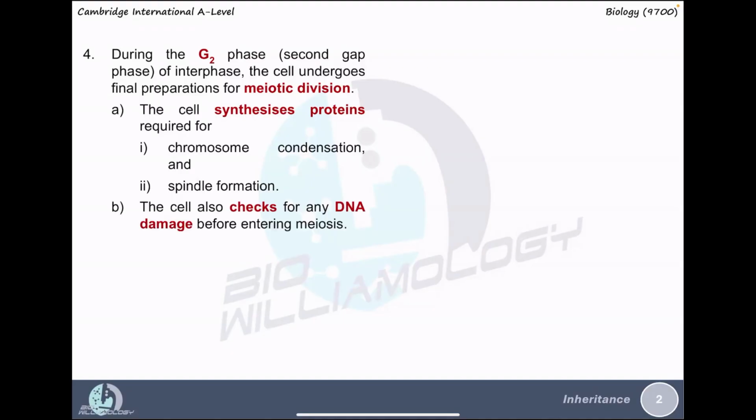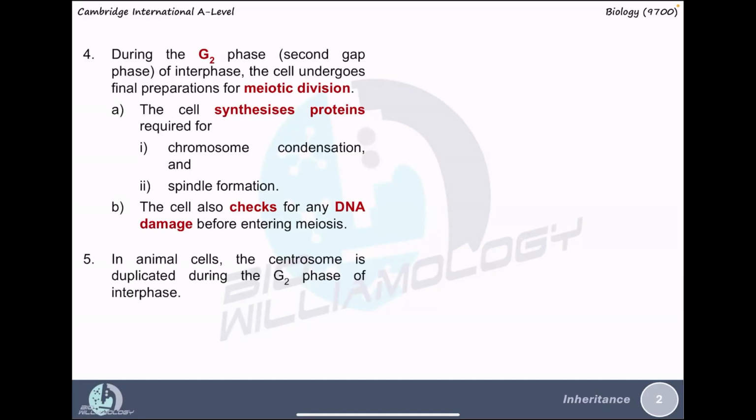The cell also checks for any DNA damage before entering meiosis so that damaged or mutated DNA wouldn't be passed on to the gametes. And this is very dangerous because once this damaged or mutated DNA is passed on to the gamete, it will affect the next generation.